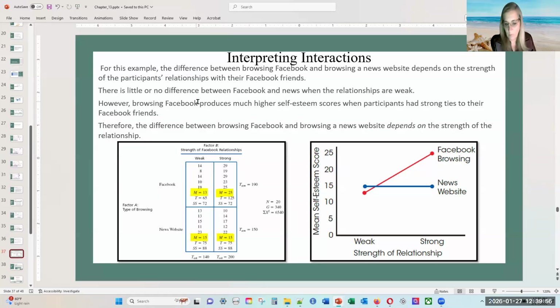However, browsing Facebook produces much higher self-esteem scores when participants had strong ties to their Facebook friends. Therefore, the difference between browsing Facebook and browsing a news website depends on the strength of the relationship, right? So you can see they're trying to explain the difference we're seeing here compared to when there's really no difference here when there's a weak relationship.